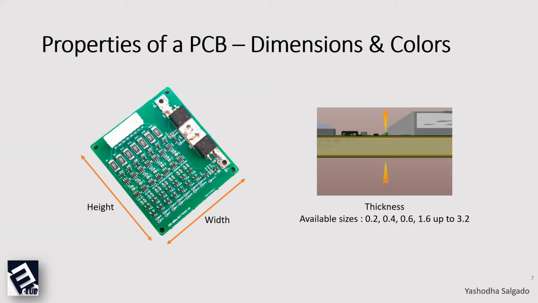These are defined by the manufacturer. Sometimes thickness sizes can change according to the manufacturer's capability, but most manufacturers support the following thicknesses. These thicknesses are in millimeters, like 0.2 millimeter, 0.5, 0.6, 1.6, and 3.2 are the most common ones, and 1.6 millimeter is the most common one.